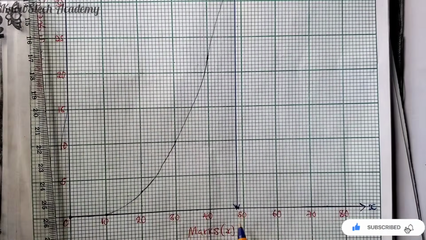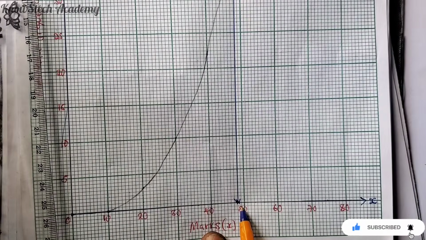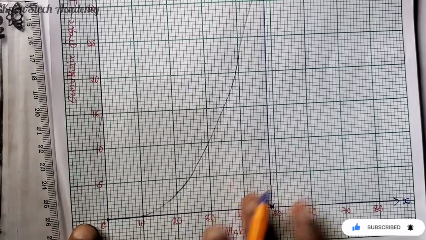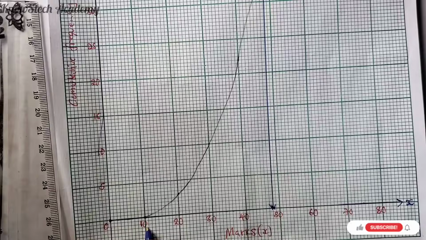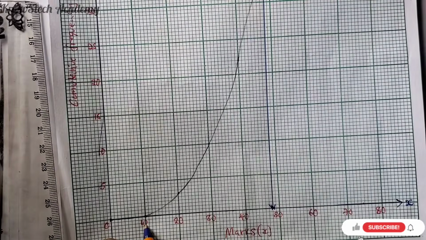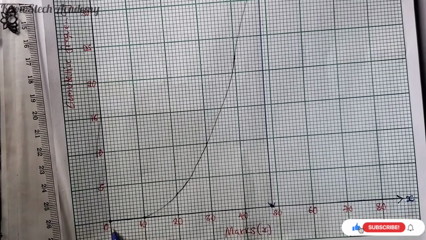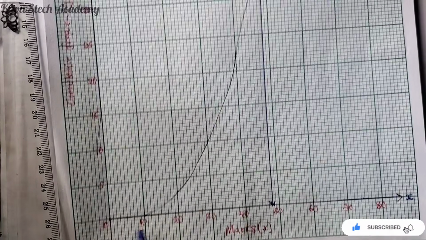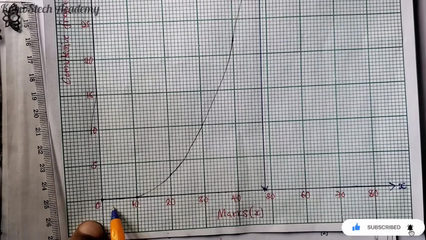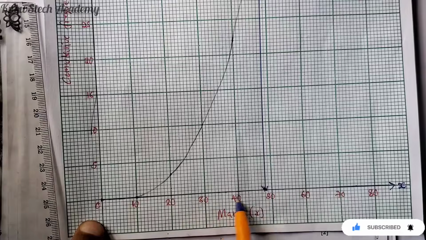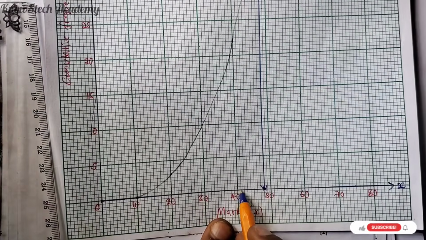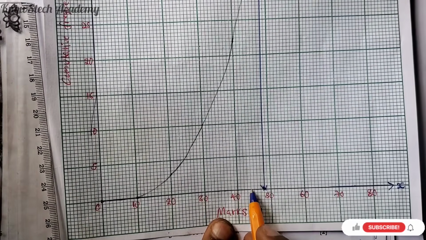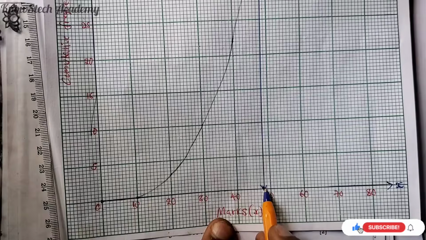Now you ask yourself, what is the value of x here? In the x-axis, it is 10 boxes, or 2 centimeters, to represent 10 units. Then how many boxes do we have? 10. Then the unit is 10, so each box here is 1. So 20, 30, 40. This is 40. 41, 42, 43, 44, 45, 46, 47, 48, 49, 50.